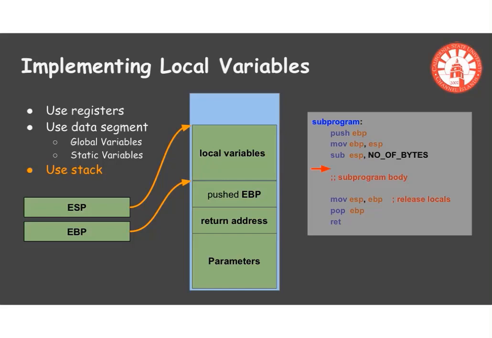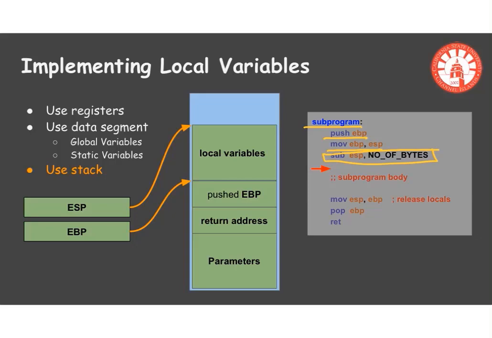If you remember from the previous template for our subprogram, we had our push EBP, then we have our mov ESP to EBP. We wanted our EBP to take the relative address in the stack for us. And then here we have a new command called sub ESP, number of bytes.